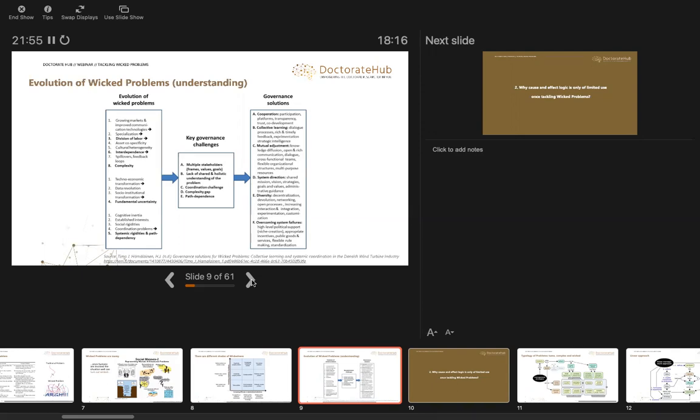Now, as you make your way through it and as you build up a better understanding about the weakness of the problem, the more you will look into different things, like in the middle here, perhaps on governance challenges, like what are the multiple stakeholders, what are the frames and their values, because you already understood very well who are the stakeholders. So, if you understand who are the stakeholders, you will understand where perhaps there is a lack of shared or holistic understanding of the problem.